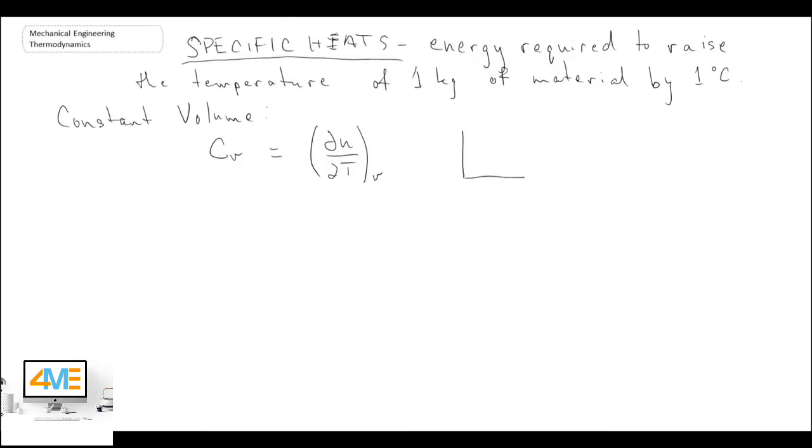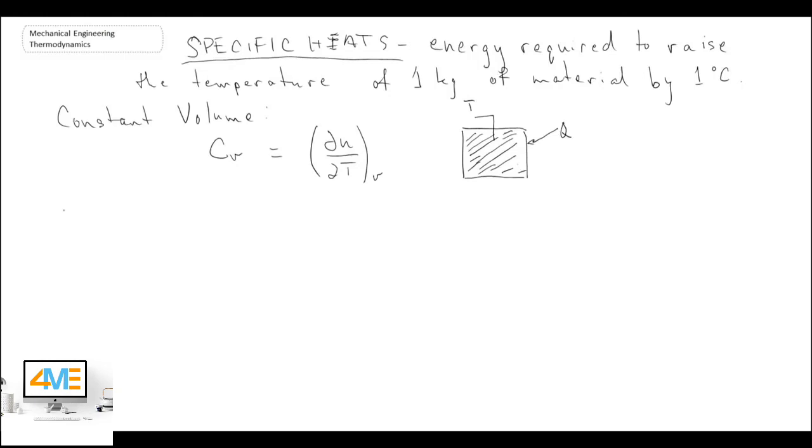It may be a box that we have our fluid within, and we're adding heat, and then we're monitoring the temperature and waiting until it goes up by 1 degree Celsius. So you can see, given that we have a fixed box, there can be no change in the volume, and that's why we call it constant volume.